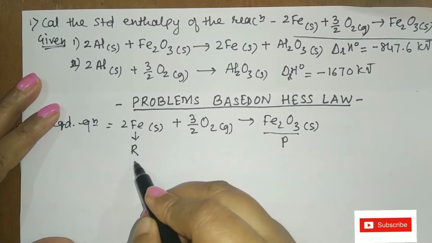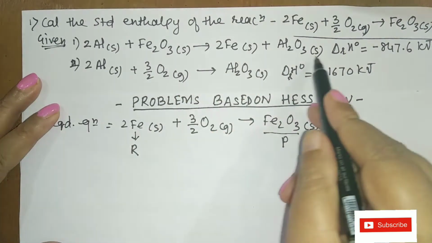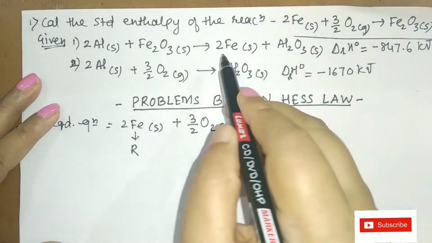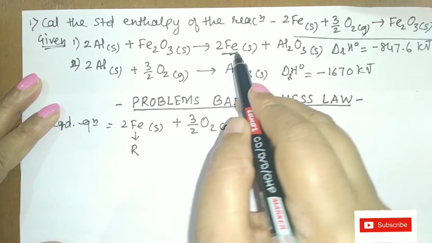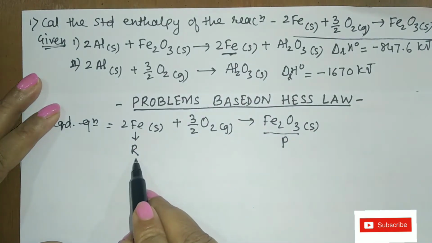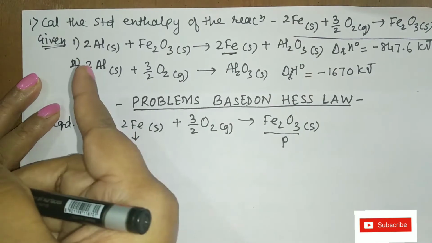So I want Fe on the reactant side. I have to see the two equations from where I can get Fe. Now if you see this, Fe is here in the given data, but it is on the product side. I want this on the reactant side. So what I will do is reverse the first equation.